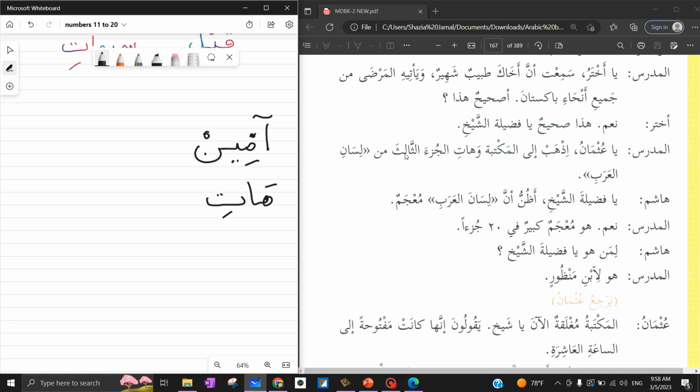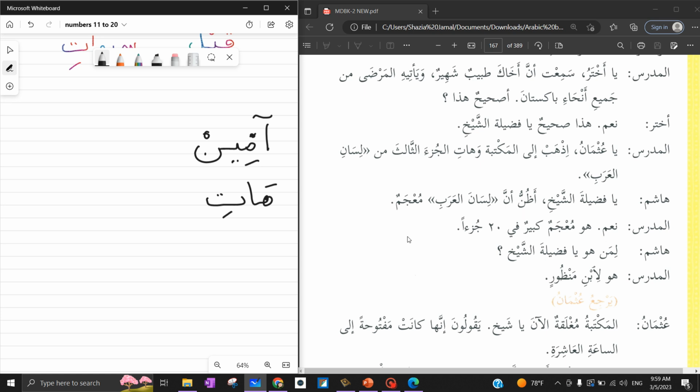Al juz'a thalitha. Juz'a thalitha means the third part or the third volume. Juz is the part, thalith is the third. These are all the first, second, third numbers in Arabic. Min Lisan al-Arab. Lisan al-Arab is the name of the dictionary. So Hashim says, Ya Fadilatu Sheikh, azunnu, I think.